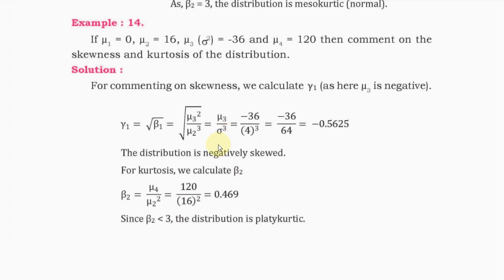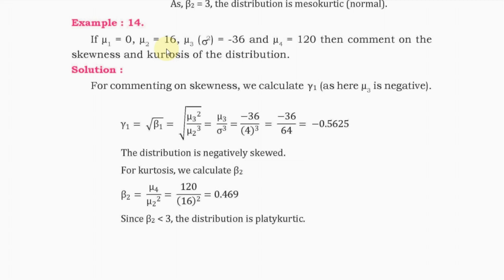So if you cancel the root and the square here, it will be mu 3 divided by sigma cube. So mu 2 is nothing but your variance value. So instead of sigma square, they have taken the sigma cube. Sigma square is the variance and sigma means standard deviation.